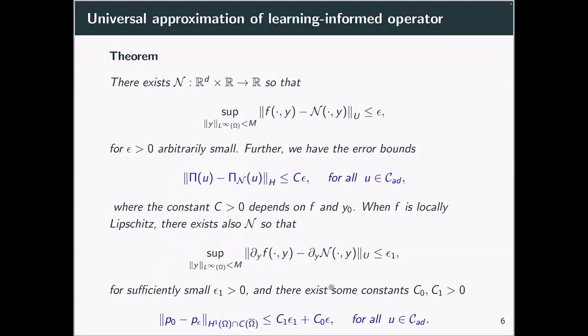We can prove this type of estimates, given this can be guaranteed again by the universal approximation theorem in finite dimensional space. Okay, so this is what we can prove for this type of problems.